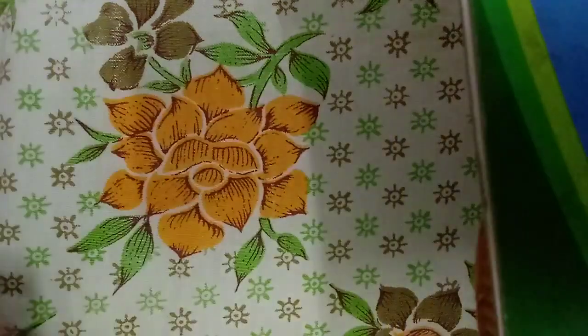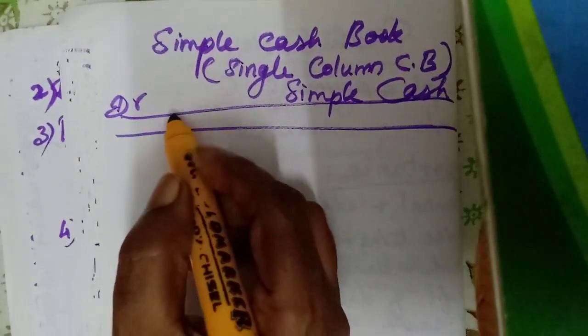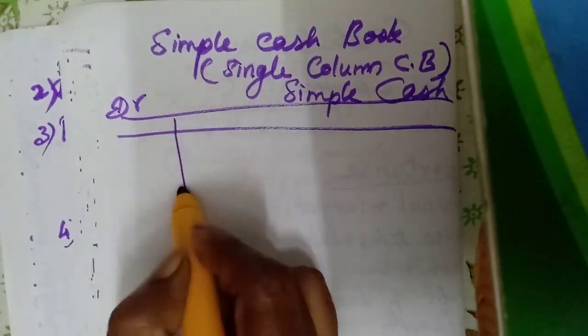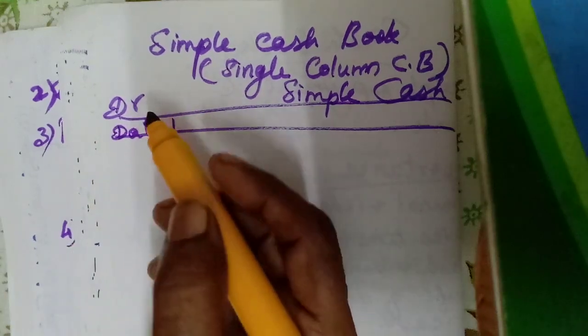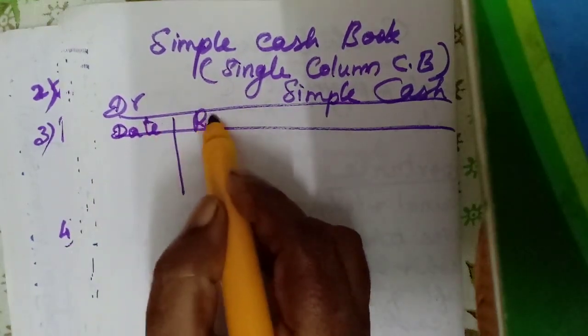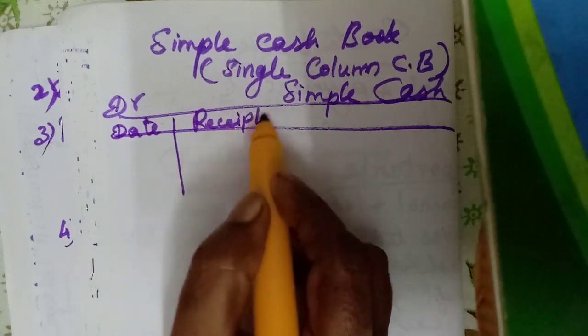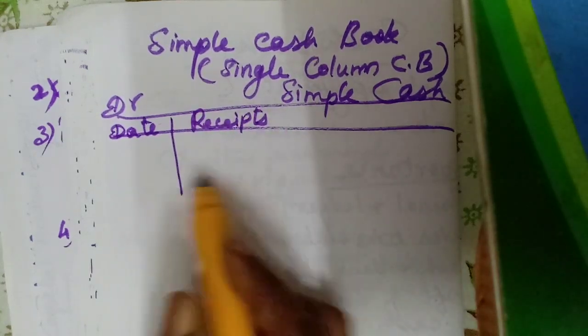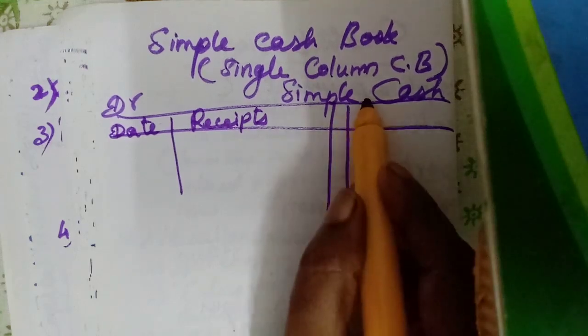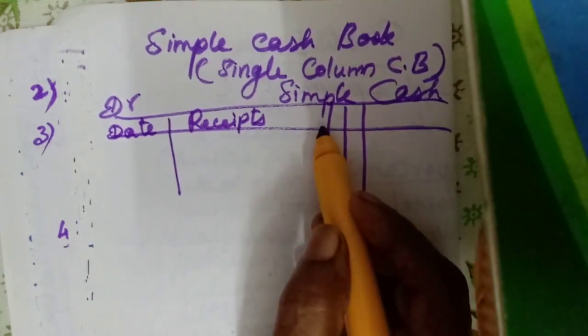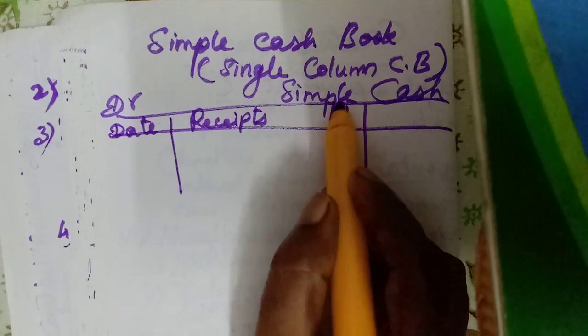Debtor and creditor we have to write. First the date; for everything the date will be there. Then in particulars we should write receipts. Before the LF there is one column, the receipt number.